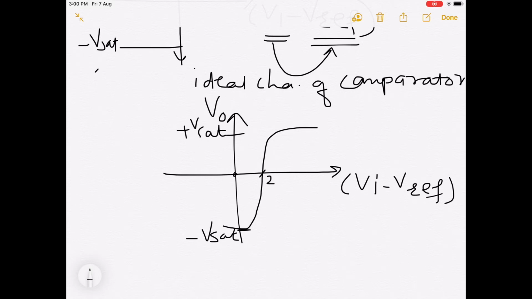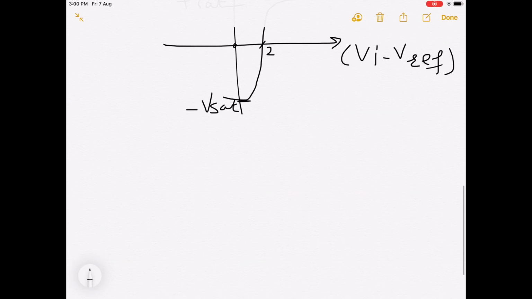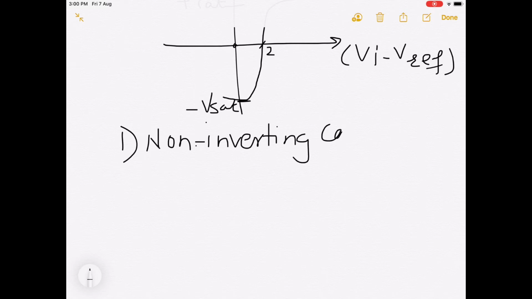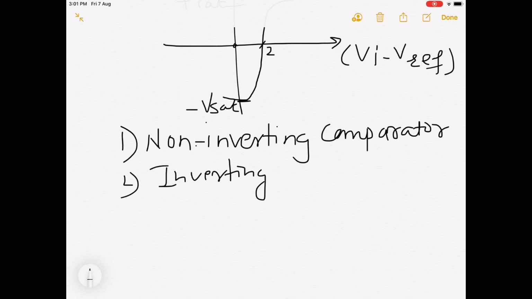There are two types of comparator. First is the non-inverting comparator, and second is the inverting comparator.